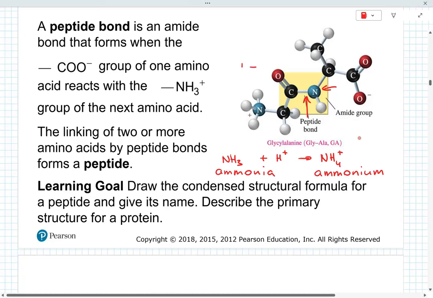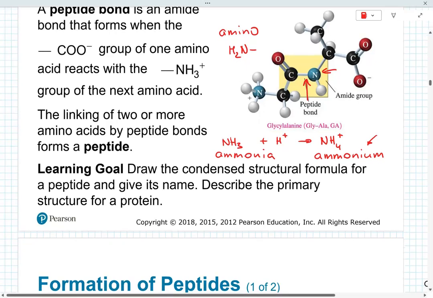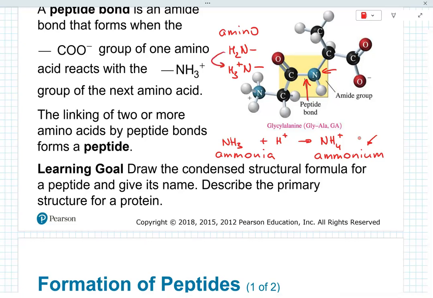Normally, a group like NH2 is amino. There is no specific term that would be different from ammonium if you add hydrogen to it. It's just a matter of convenience. Since the process of getting from neutral NH2 to positively charged NH3 involves the addition of hydrogen, it's the same process as this one. Am I making sense? So it's all ammonium. Just ammonium, yeah, for convenience. Okay? All right. Good?